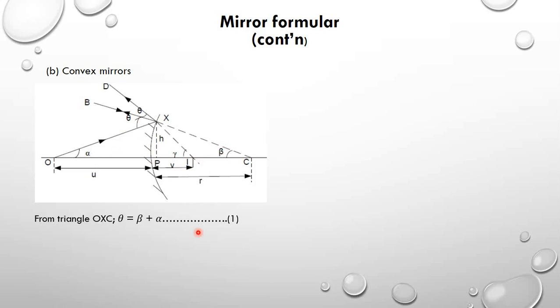And also, if you consider this other triangle, we shall see twice theta is equal to alpha plus gamma, because two interior angles add up to one opposite exterior angle. So you shall have those two.